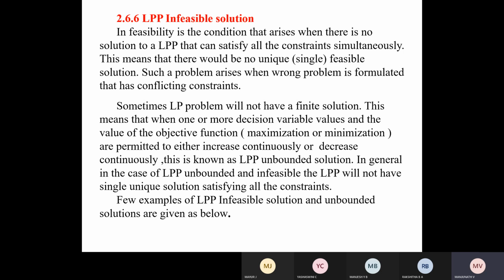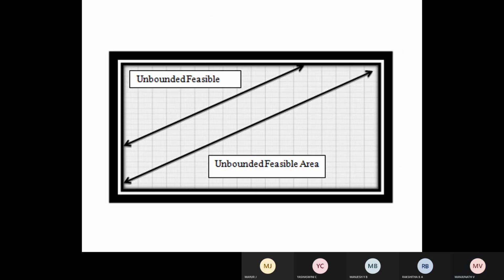Just one second please, I'm moving this slide. Just one or two minutes, wait. Look at this. You can take the first line as AB, the second line as CD, and in the LPP AB is less than or equal to, and CD is more than or equal to.